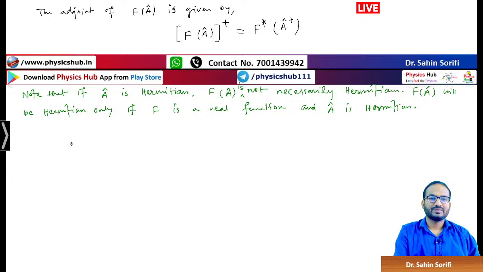Let's take an example. Let's say you have e to the power iA, some function operator.